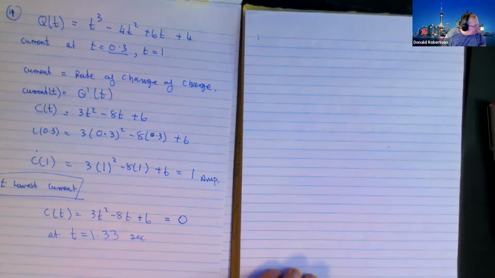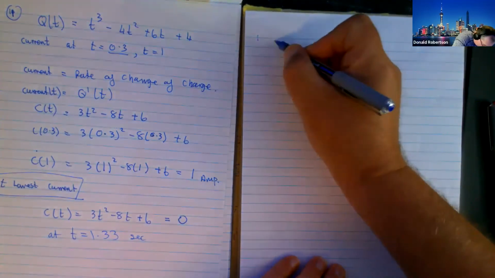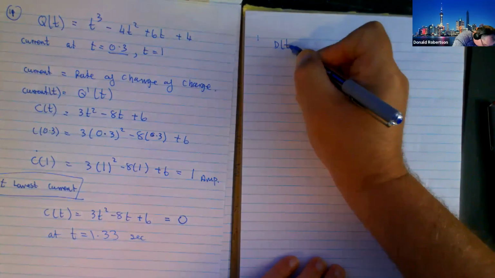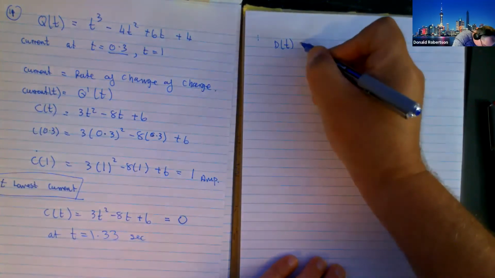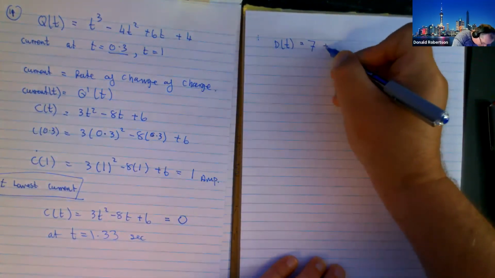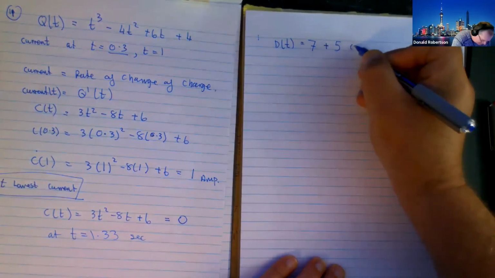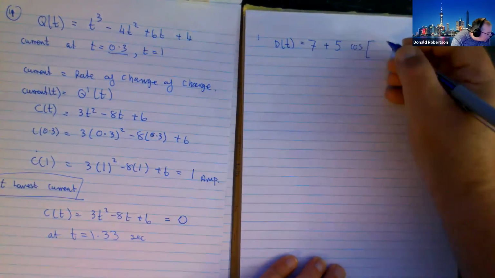Last one for today. The depth of tide at any given time t is given by this really ugly formula.